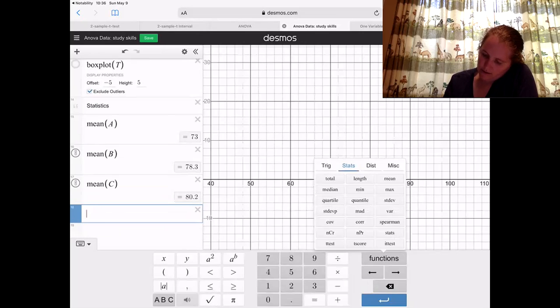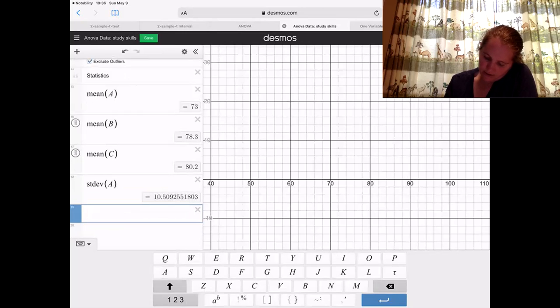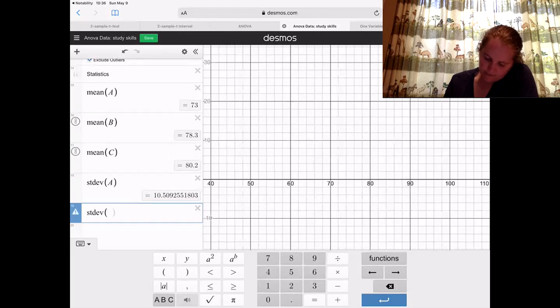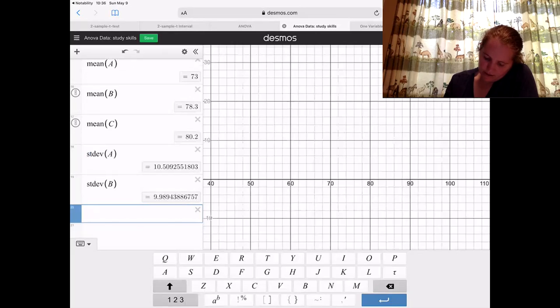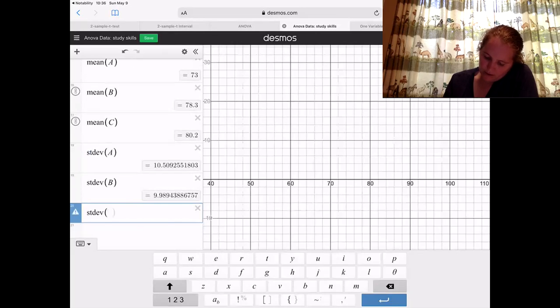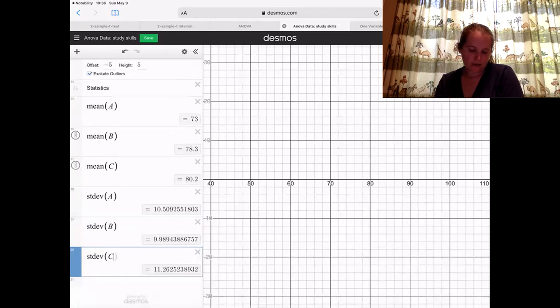So standard deviation of A, standard deviation of B, and standard deviation of C. So we need all of this information. So I'm just going to quickly take a screenshot of this and transfer it over.